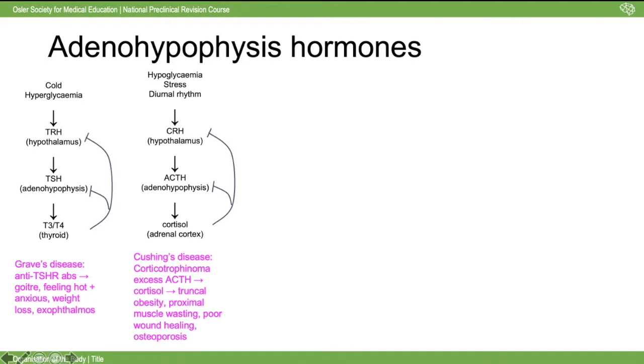And Cushing's disease is when you have all these symptoms, but it's caused specifically by a corticotrophinoma, which is secreting excess ACTH. So some lung cancers, for example, can produce ectopic ACTH, and that's Cushing's syndrome, not Cushing's disease, because you don't have a corticotrophinoma.